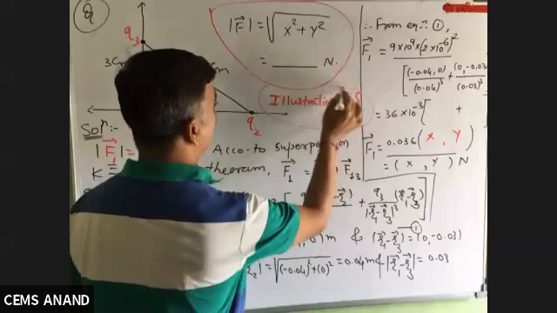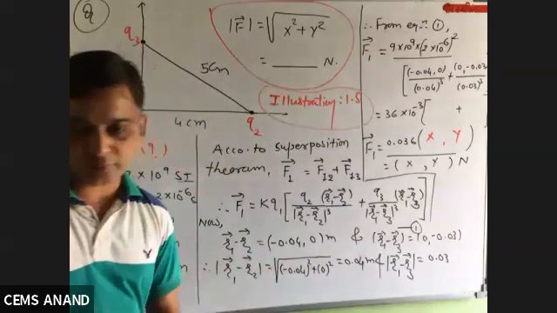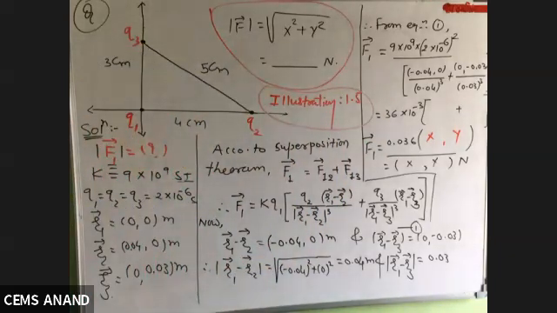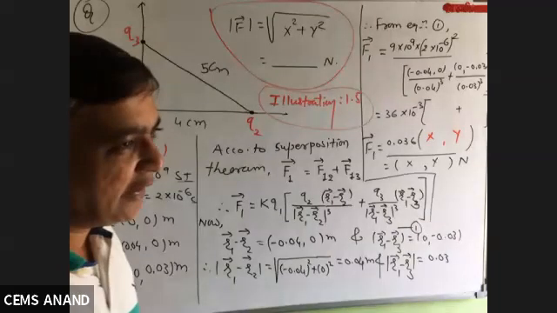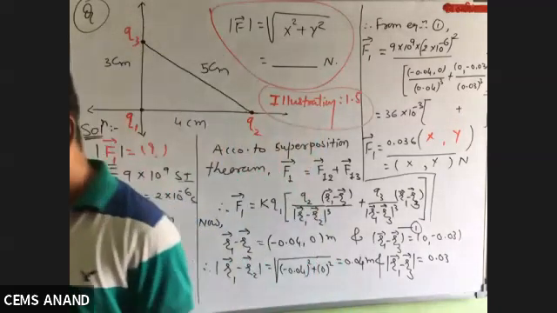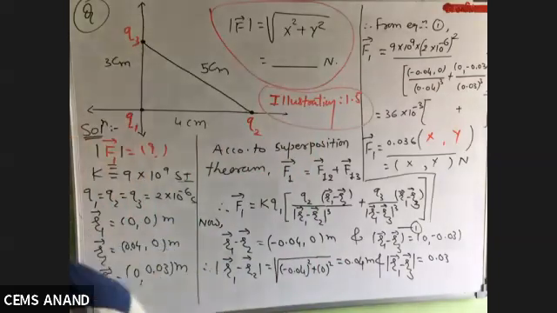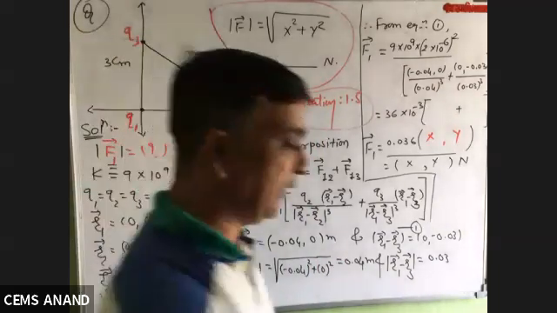Please do illustration 1.5 as homework today. It's a simple numerical, like the one we did yesterday.